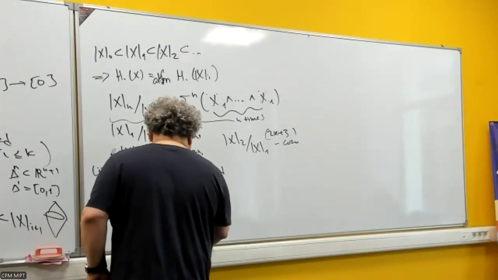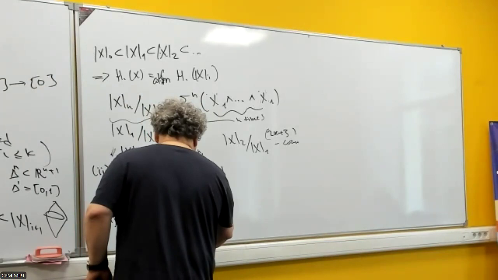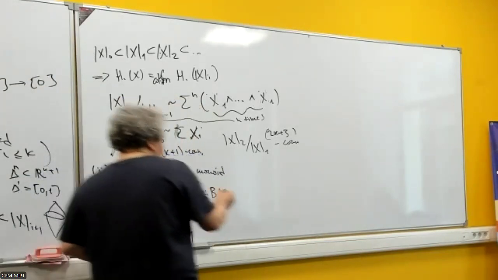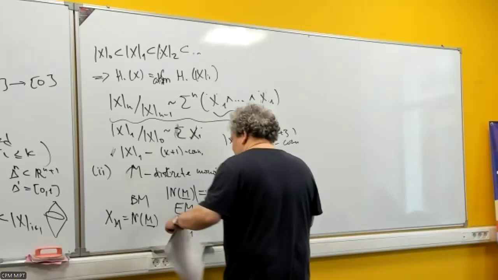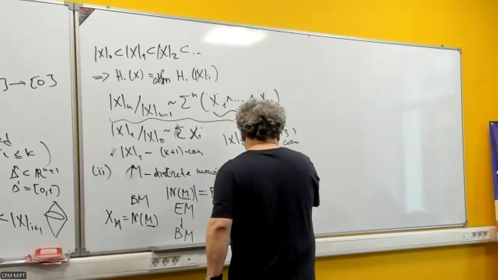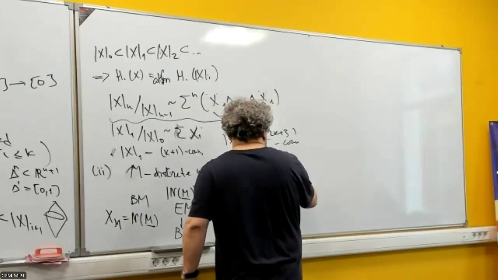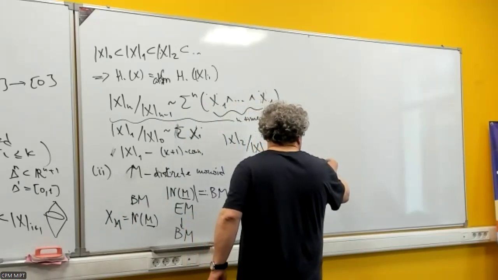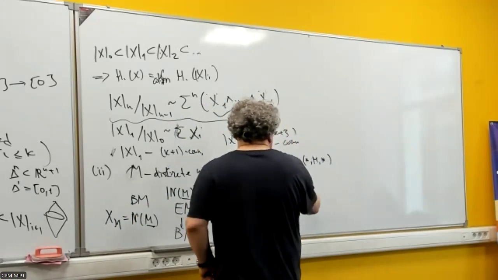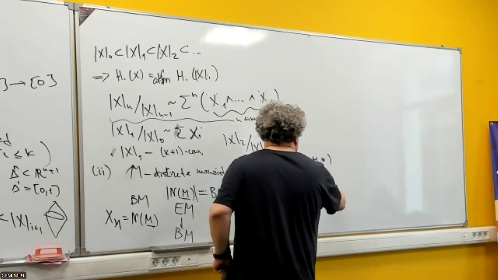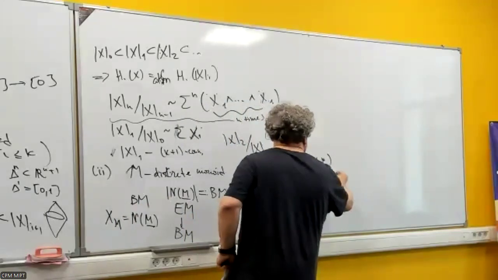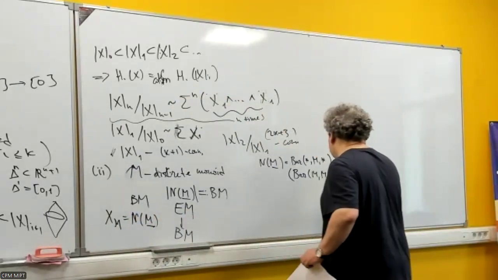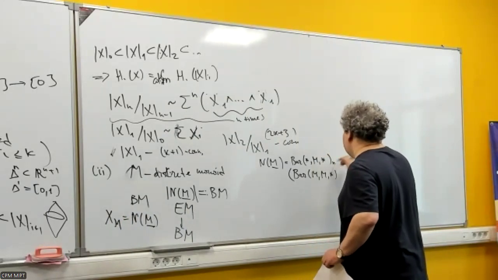My preference is to denote this nerve of M by bar of M, maybe it is my favorite notation, and then I also have bar of M pointed, which means that this is a simplicial set, which I defined yesterday.